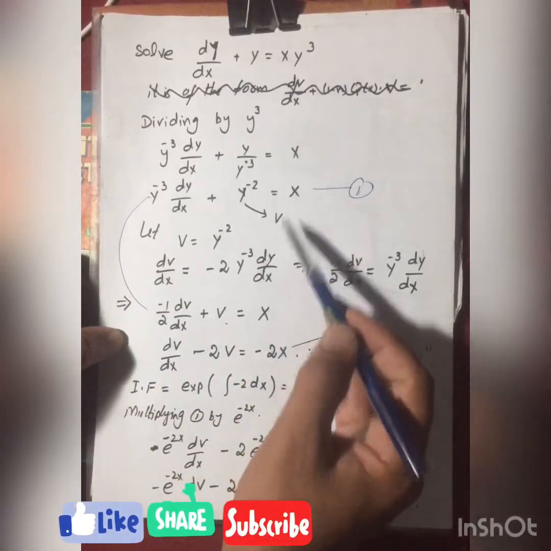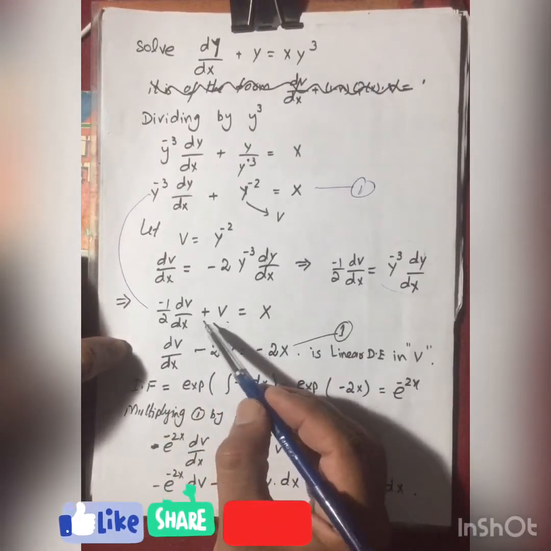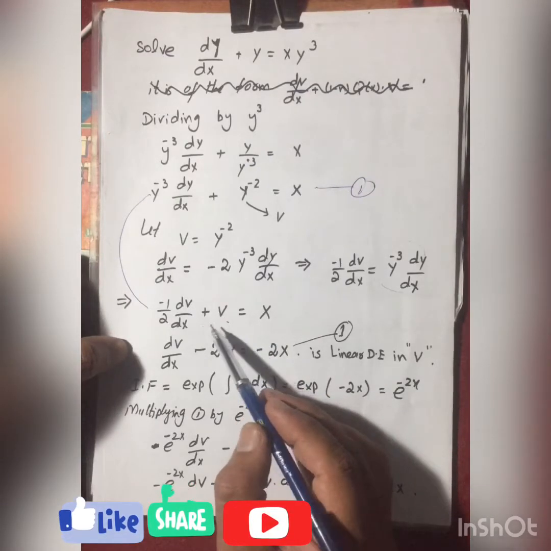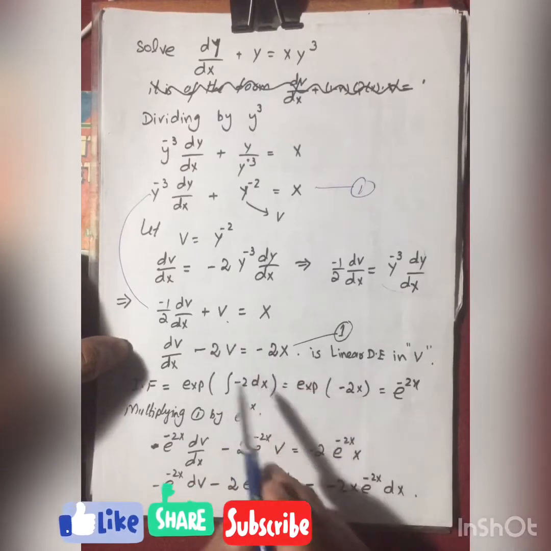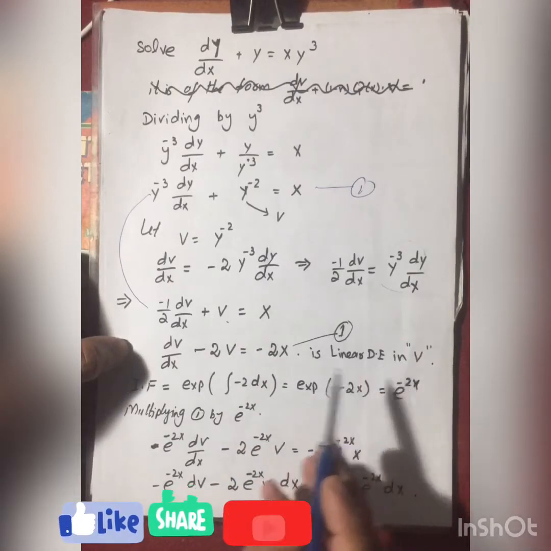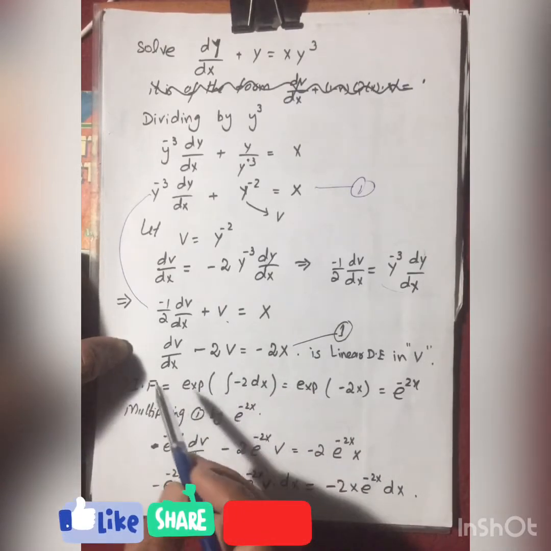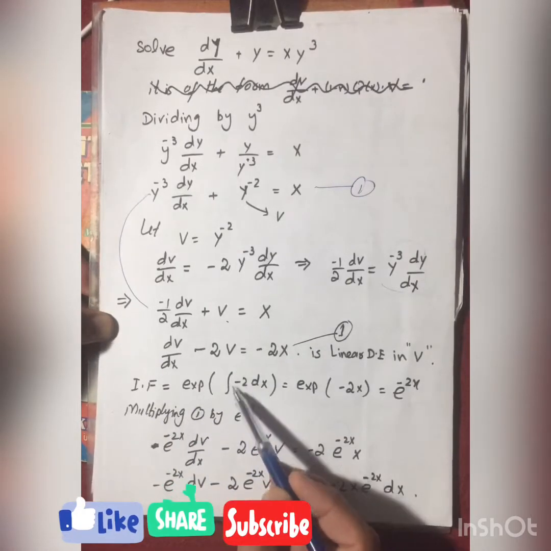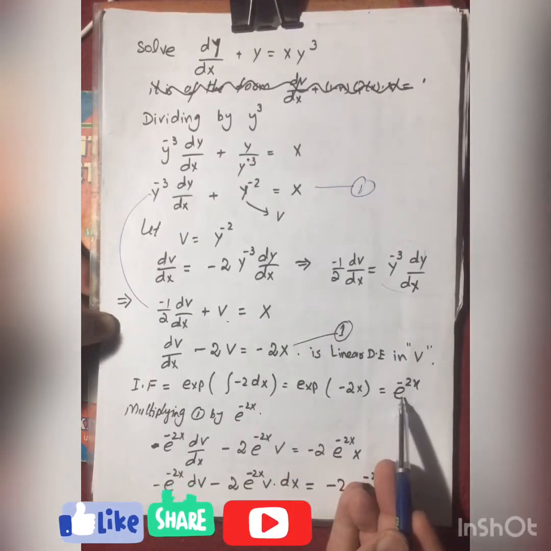This is v, and this is x as it is. Now this is a linear differential equation in the dependent variable v. Its integrating factor will be the exponential of the integral of minus 2 dx with respect to x, that is, e to the power minus 2x.